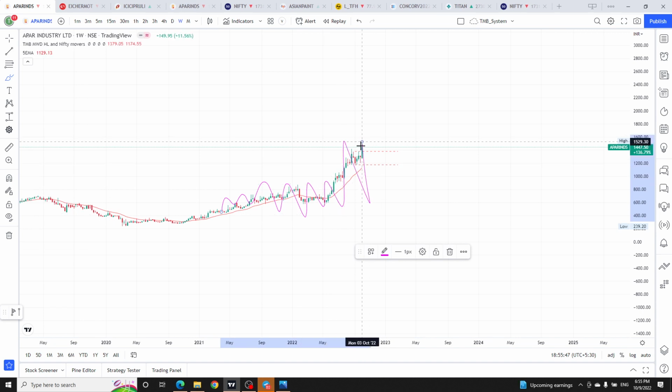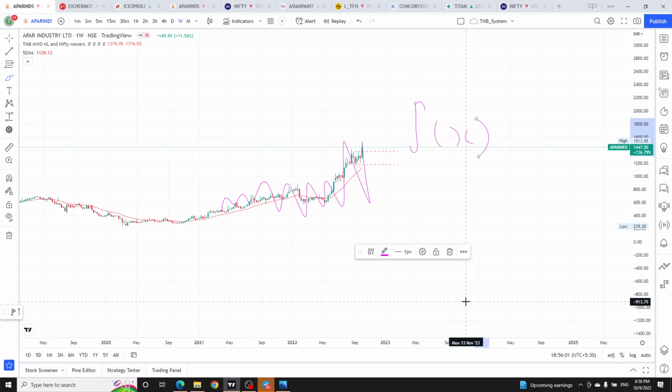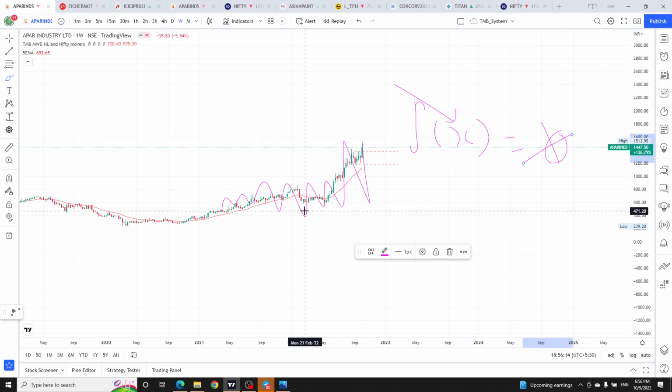What we are trying to do is take the non-linear data, put it into mathematical functions and get an indicator.